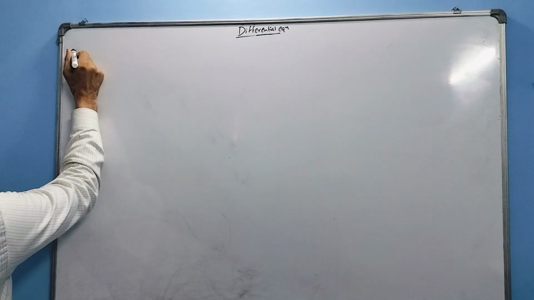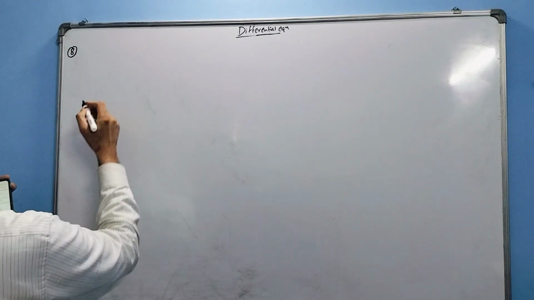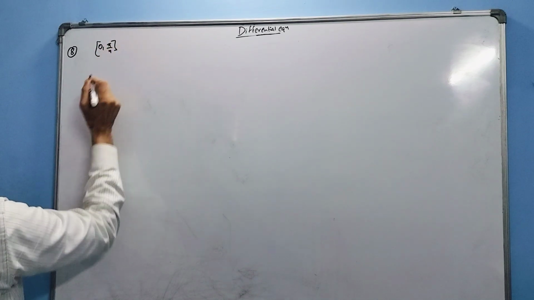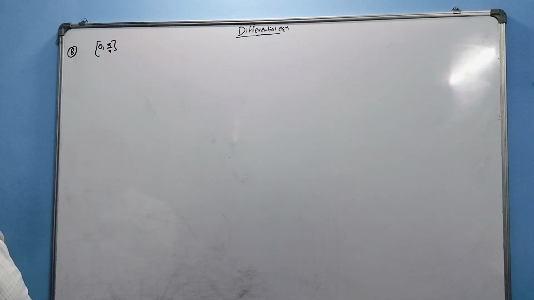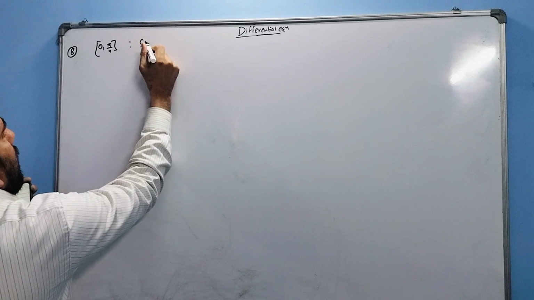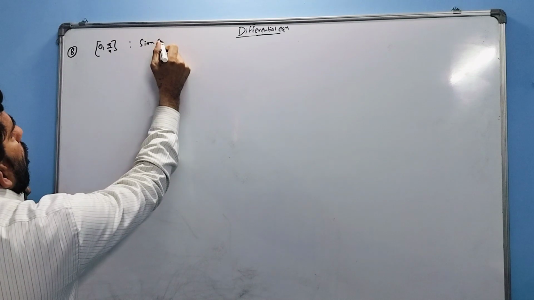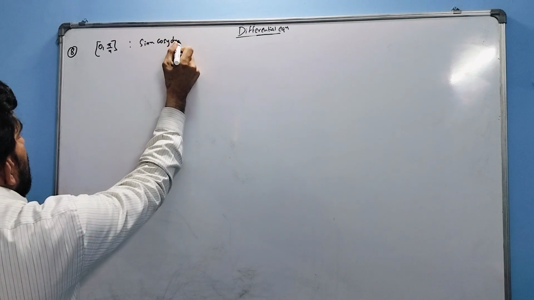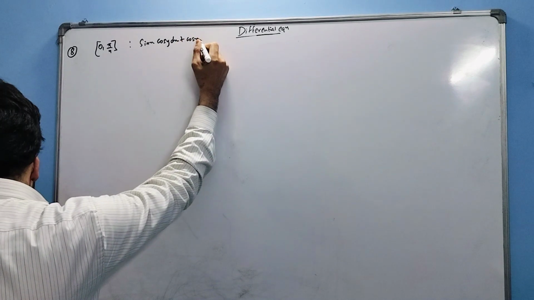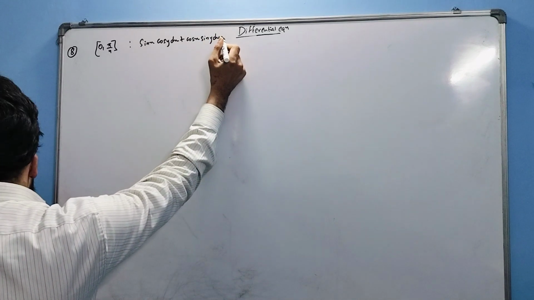Find the equation of the curve passing through the point (0, pi by 4), whose differential equation is given, that is sin x cos y dx plus cos x sin y dy is equal to 0.